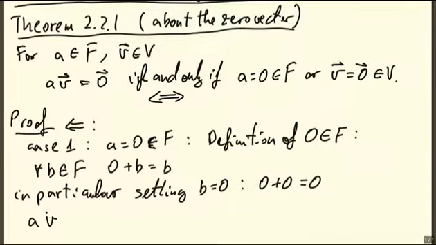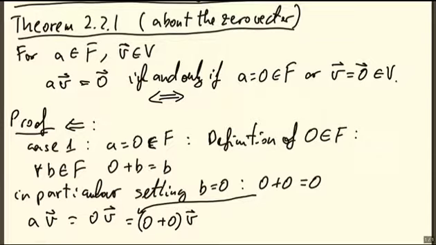A times V. What is A times V? What we have is that A is now 0, so we have 0 times V. And then from this previous identity, this is (0 plus 0) times V. And then we have the distributive property from the definition that says that this is 0V plus 0V.